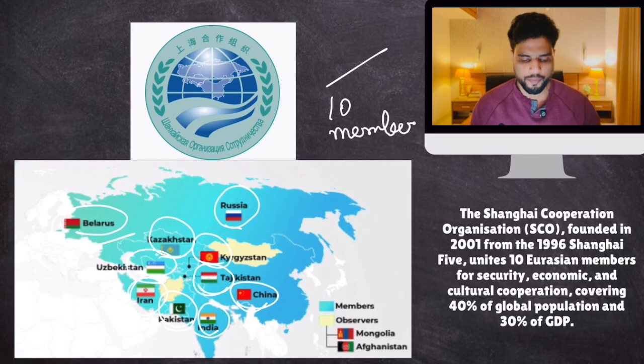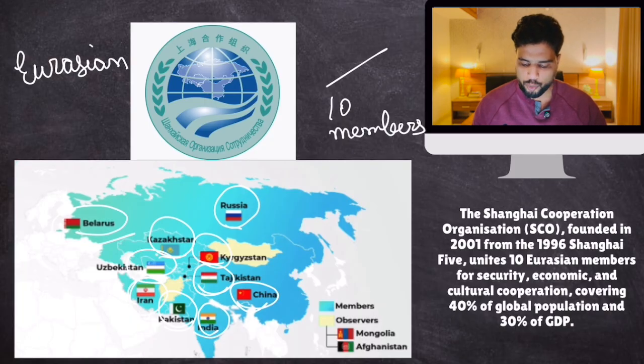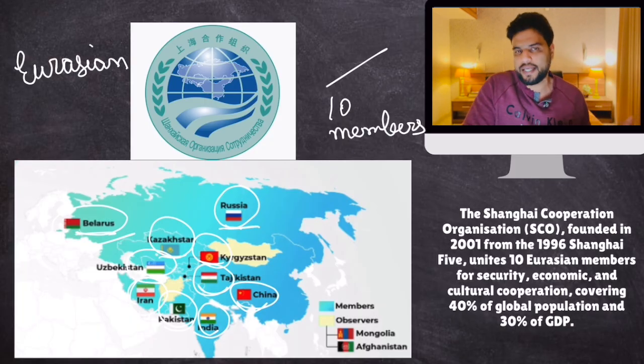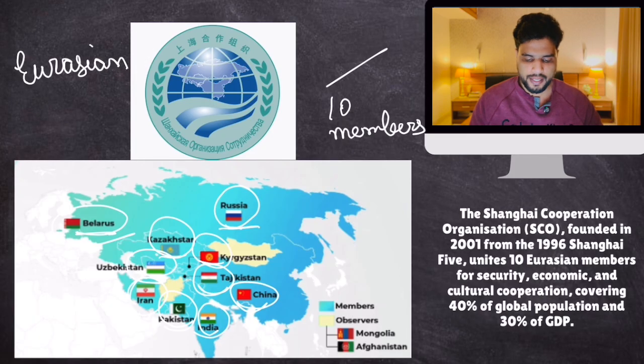As you can see from this map, mostly the countries lie in the Asia Pacific region, or initially it was formed as a Eurasian group. Belarus and Russia have European leanings, I mean, they are more aligned towards the West. Not aligned strategically, but in their outlook. The rest of the countries are Central Asian or Asian. Basically, it's a Eurasian, Europe plus Asia grouping. Eurasia is a separate category.